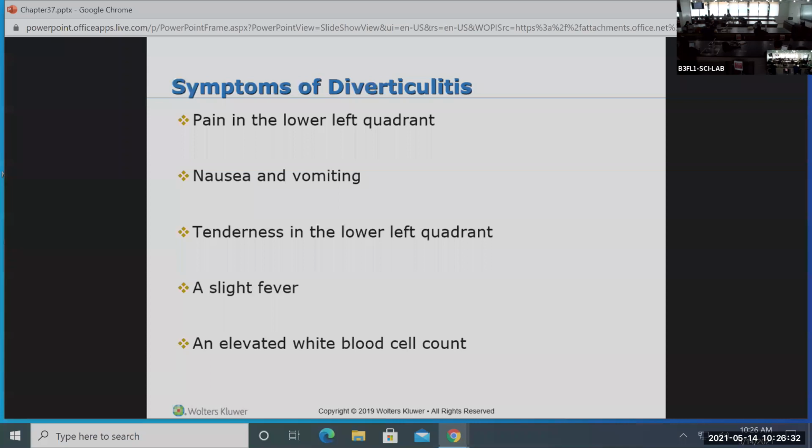If the patient hates fiber and vegetables, they are more likely to develop diverticular disease later in life. So in order to prevent it, we should have plenty of vegetables and fruits in our diet every day. Balanced diet.